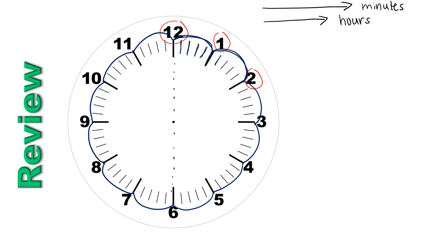So the long hand is going to point to the minutes, and if it does one full turn, it counts 60 minutes. Each one of these is 1 minute. So 1, 2, 3, 4, 5, 6, 7, 8, 9, 10. And I could keep numbering all those little tick marks on the clock, and I would get to 60.